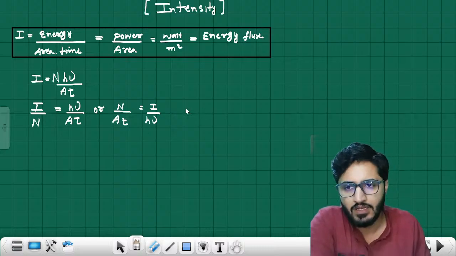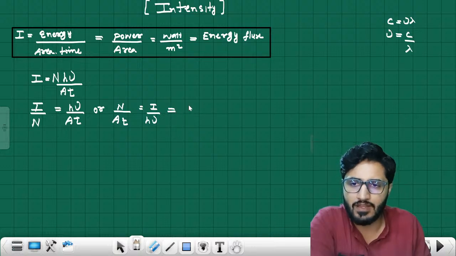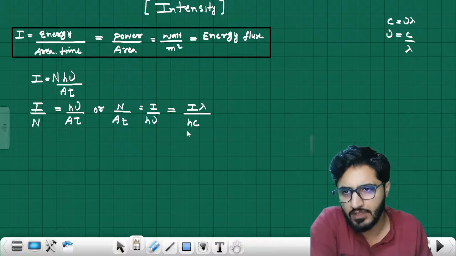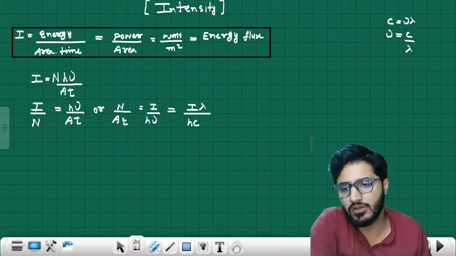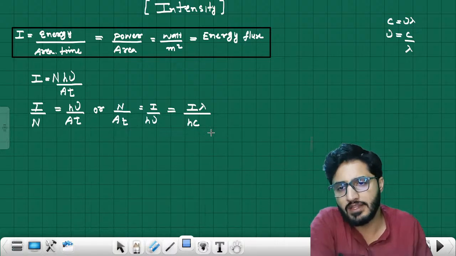And we know that c equals nu lambda, so nu equals c by lambda. So I will write it as I lambda divided by hc. These are some formulas that you need to remember anyhow.